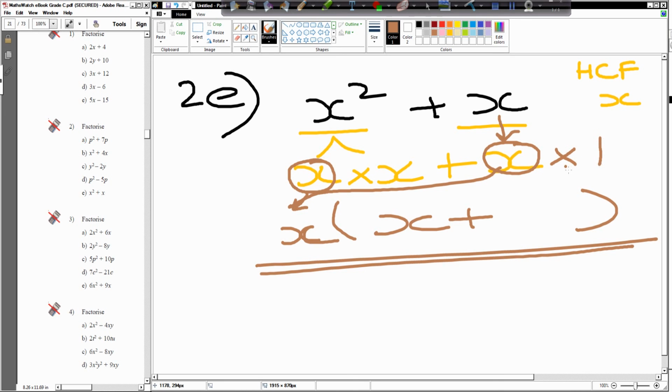You must put the times 1 in there, because when you pull the x out, you'll be left with fresh air. You can't have fresh air in the answer. So that times 1 gets translated back into the answer. So x bracket x plus 1 is the correct answer, and not x bracket x plus nothing. Whenever you take out all of it, you must leave behind a times 1, because that will help us reconstruct the answer. Okay, that's for question 2E.